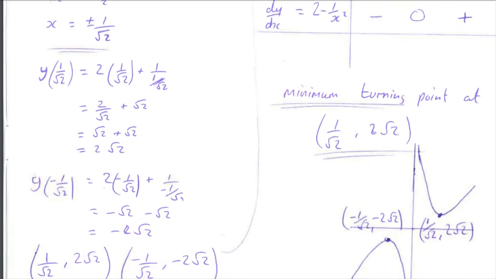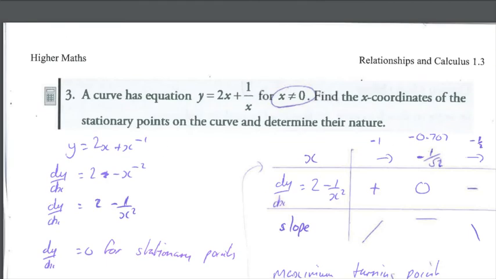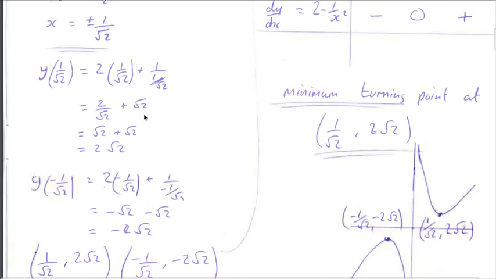We need to find the y-coordinate to go with the x-coordinates. So substituting x equals positive 1 over root 2 and negative 1 over root 2 into y. So 2 over root 2, which is root 4 over root 2, which is just root 2, plus 1 over root 2, which if we flip upside down and multiply will just give us root 2.